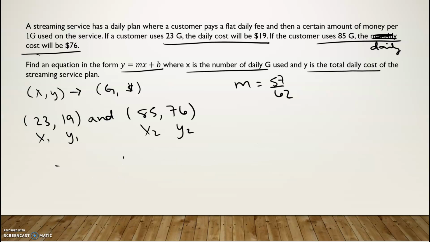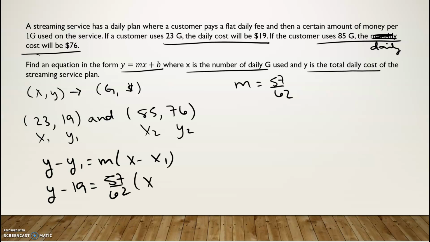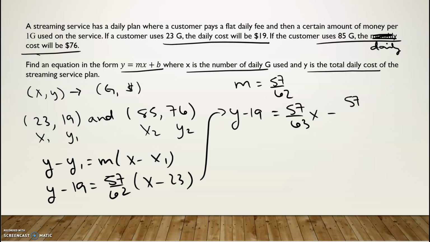Now we can use our point slope formula. So y minus y1 equals m times x minus x sub 1. So y minus 19 equals 57 over 62 times x minus 23. Okay, so then we have y minus 19 is equal to 57 over 62x minus 57 times 23 over 62.